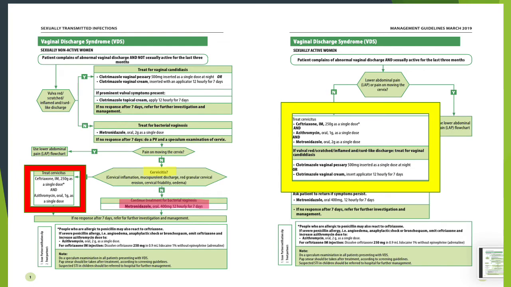If you look at the treatment for vaginal discharge syndrome, if they make the diagnosis of cervicitis with a vaginal discharge, the treatment is a stat dose of ceftriaxone and a stat dose of azithromycin, as well as analgesia.